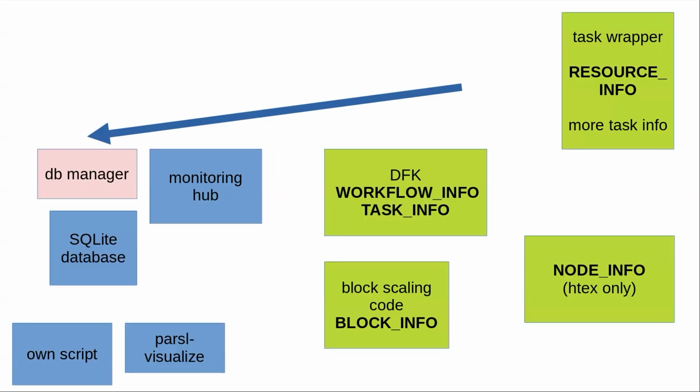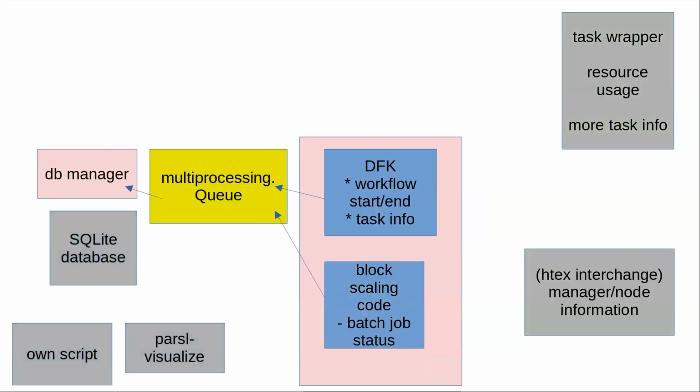So everything else in Parsl monitoring is monitoring messages: things like workflow info, starting and stopping the workflow, and task info. Fairly obvious stuff. If you've used the database directly, you'll recognize the format of most of these messages anyway.